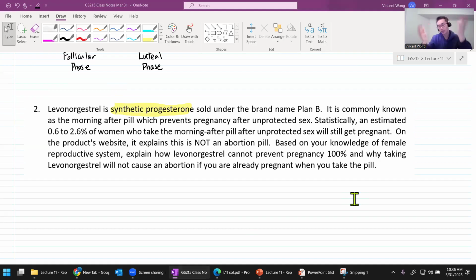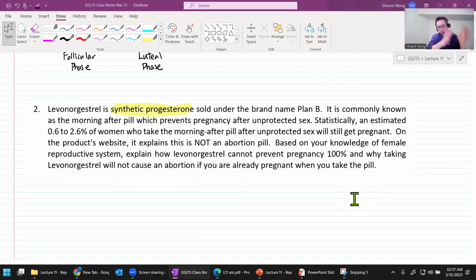Let me set the stage. There's unprotected sex, which means sperm is in the system now. If the sperm finds the egg, there is going to be pregnancy. So there are two situations. Number one, the person has not ovulated yet.